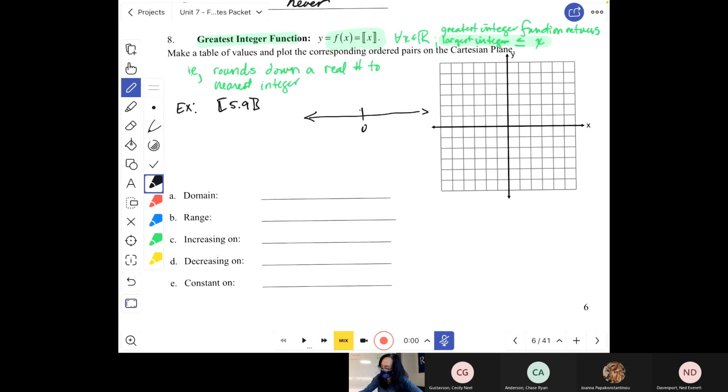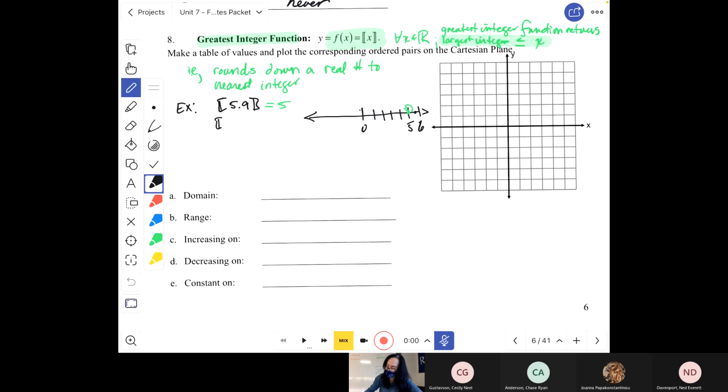So if I'm at 5.9, I'm between 5 and 6, right? I'm kind of like right here. If I want to round that down to the nearest integer, what is the nearest integer less than or equal to 5.9? 5, right? So it rounds it down to 5. Just take that number inside that notation and round it down to the nearest integer.